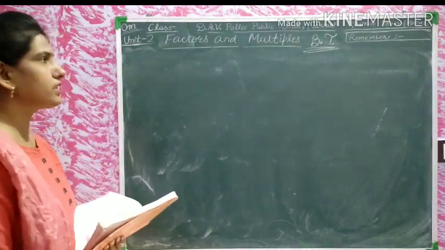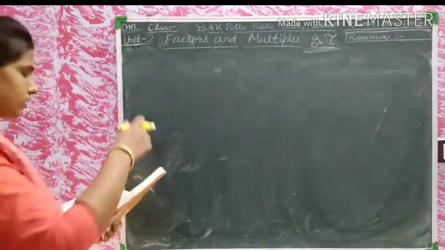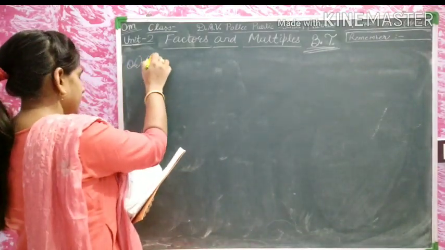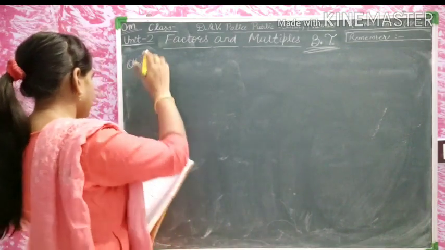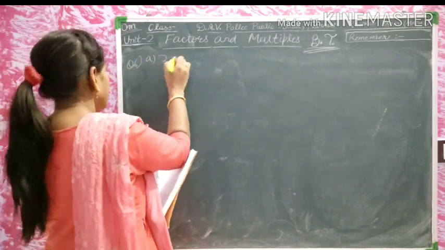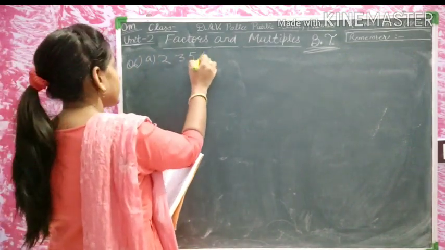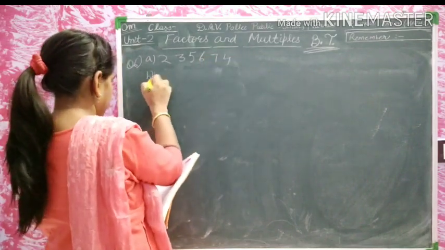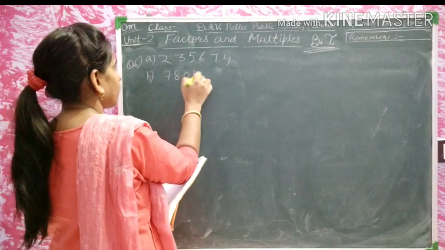So let's see question number 6. In part A, which are divisible by both, the number is 2, 3, 5, 6, 7, 4. And the next number, part B, is 7, 8, 0, 1, 5.